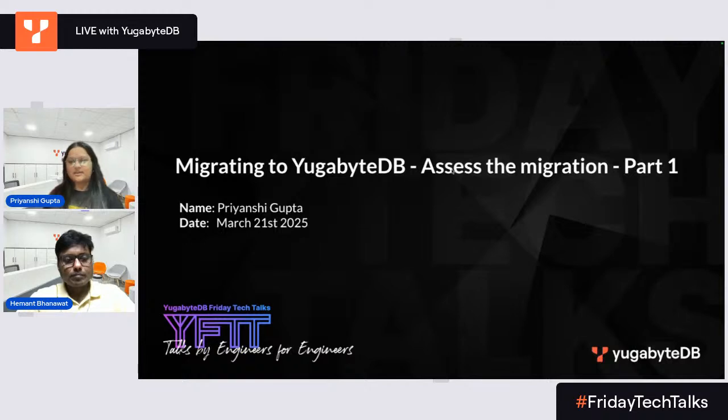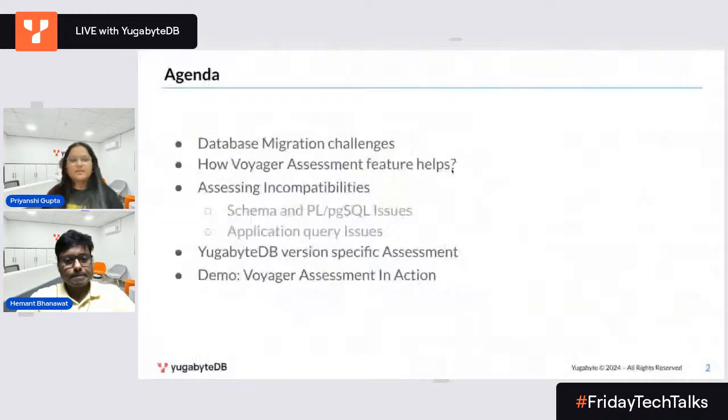So let's get started. This will be our agenda for today. First of all, we'll be understanding some challenges which users face while migrating various databases. And then we'll understand the Voyager feature assessment, which helps in overcoming or reducing these challenges for the person who is doing the migration.